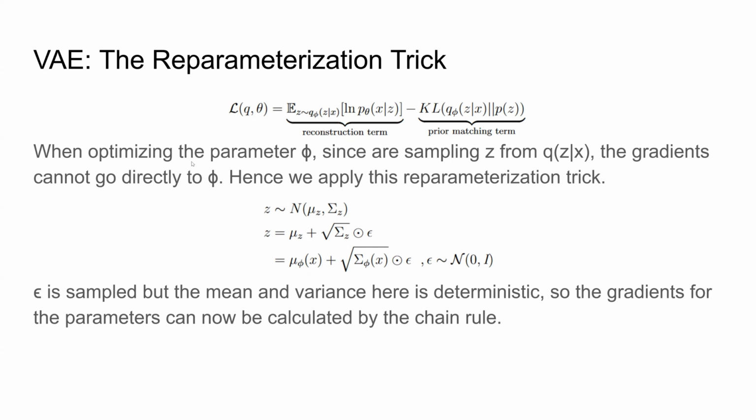And luckily, we're using Gaussian distributions, which have this nice property called the reparameterization trick. If you have a variable that follows a Gaussian distribution of this mean and variance, it is equivalent to taking this mean, drawing a standard normal variable, and multiplying it by the standard deviation, which is this term.